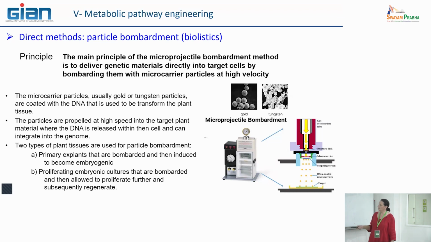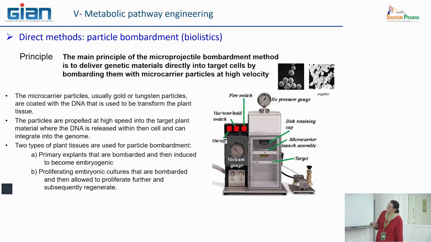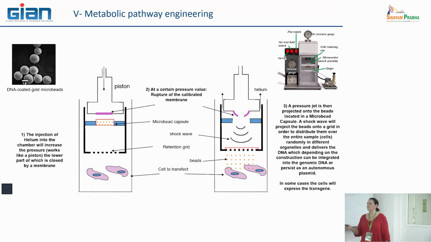And after, the principle, I have put this slide to explain how it functions. So the system is organized like that. You have here a compartment in which you put your cells.